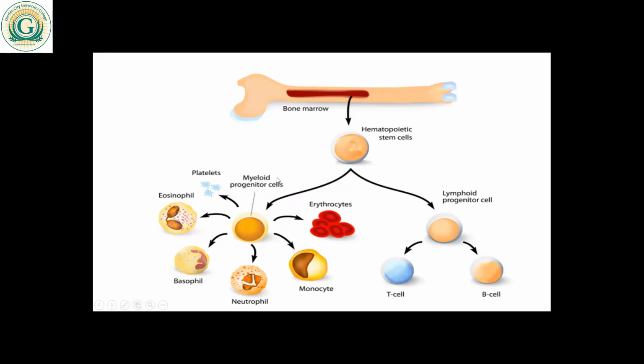So the myeloid progenitor cells is going to differentiate into the red blood cells, into the monocytes, the neutrophils, basophils, eosinophils, and platelets. And then we have the lymphoid differentiating into the lymphocytes. The lymphoid progenitor cells will differentiate into the lymphocytes, only the lymphocytes. The rest of the cells are differentiated from the myeloid progenitor cells.